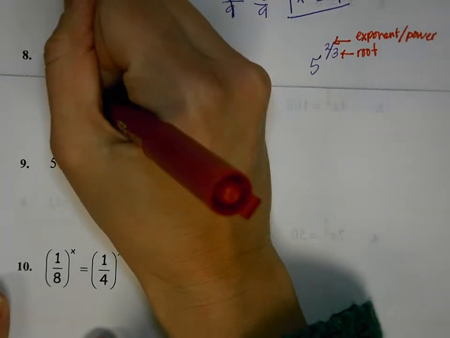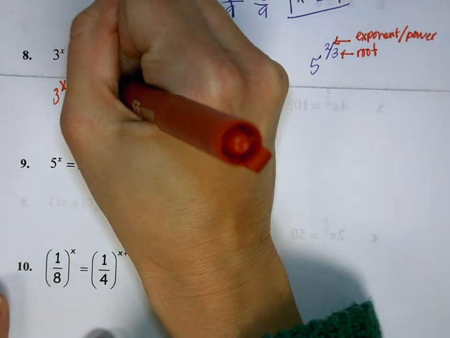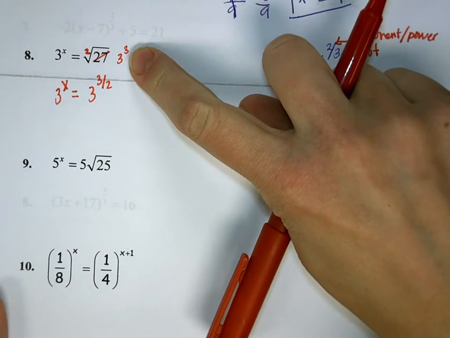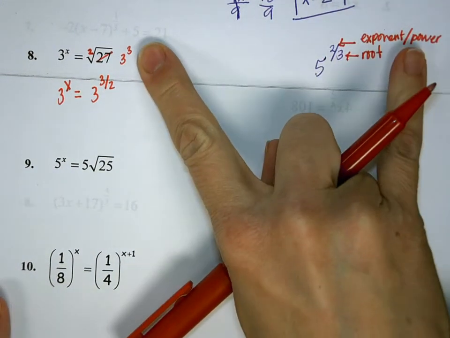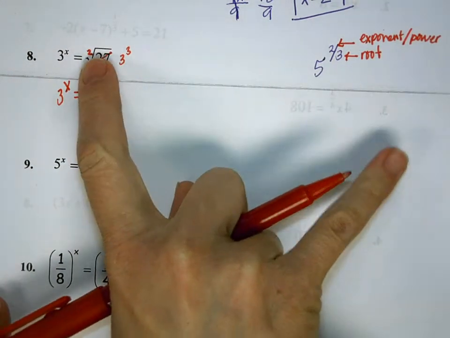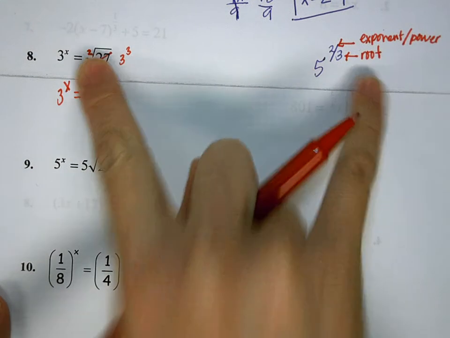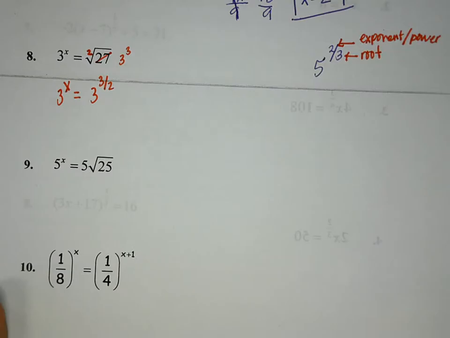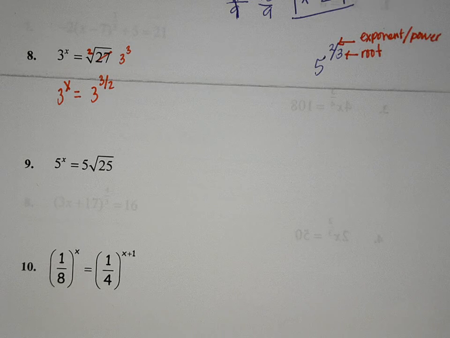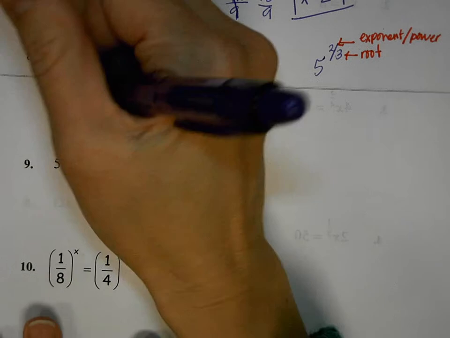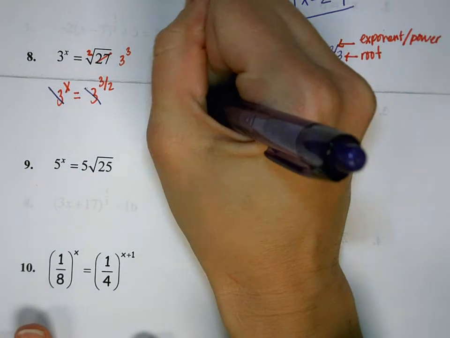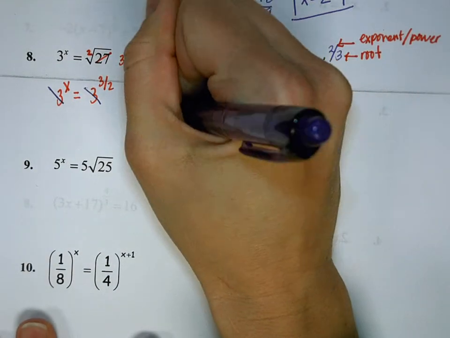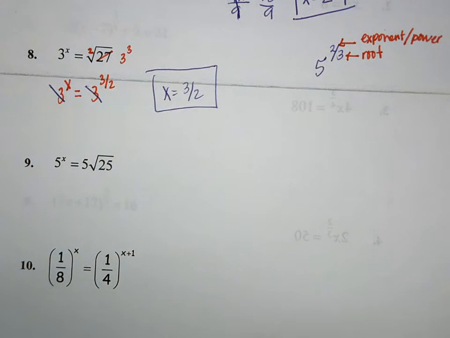Perfect, you got it. 3 to the 3 over 2, because that 3 is my exponent, and the 2 is my root. So we're just going back and forth. Does that make sense? So what's my answer? 3 to the x equals 3 to the 3 over 2. You guys are good. x equals 3 over 2. I know that was a tough one.